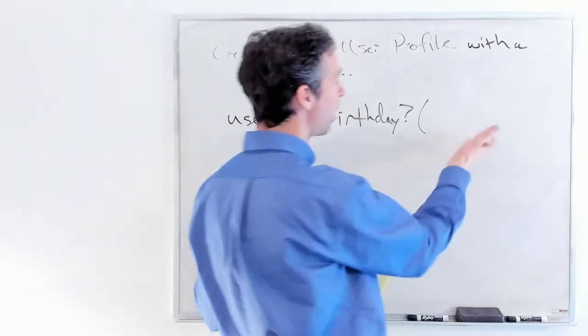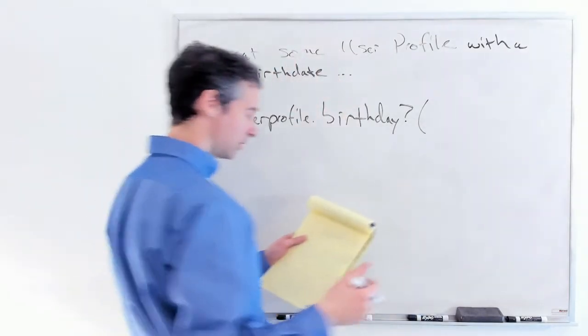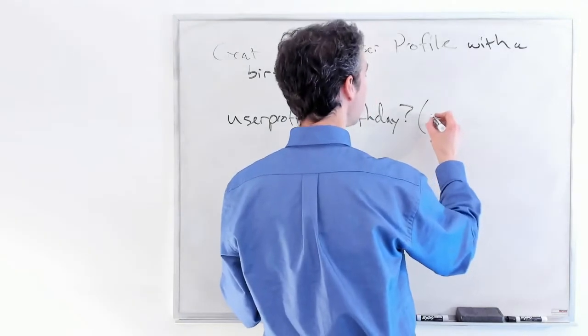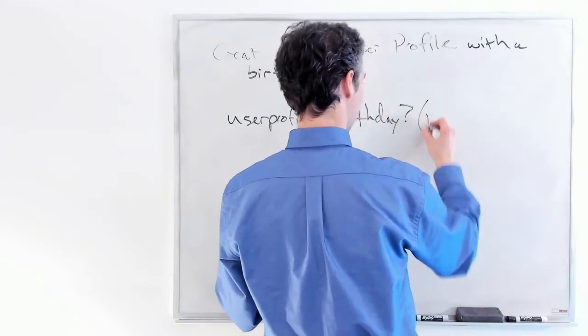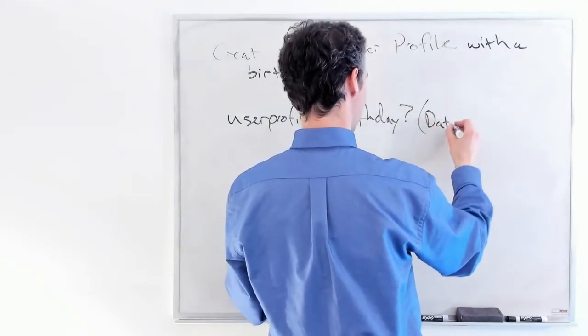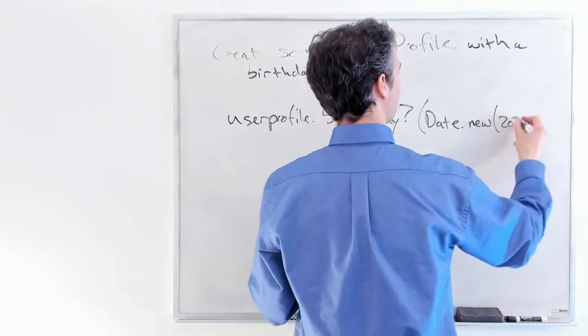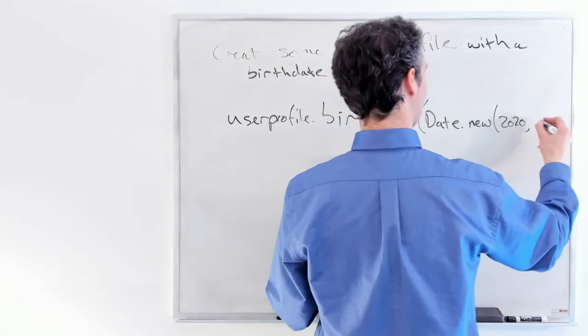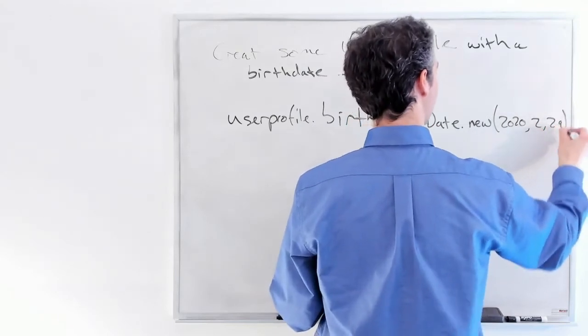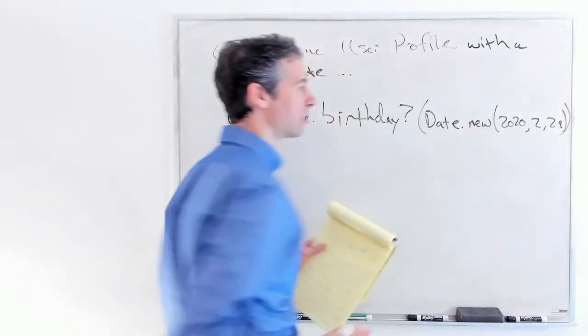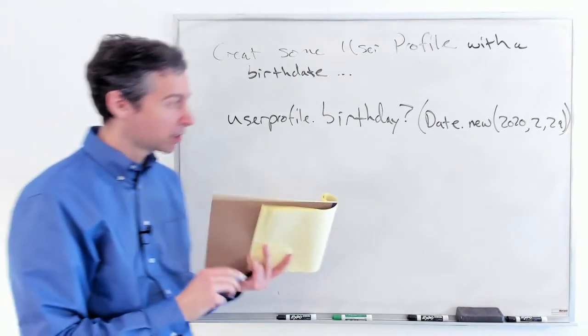Let's say we wanted to test one of these leap year days, one of these February 29ths, we just go Date.new 2020, 2, 29. It was a leap year in 2020.